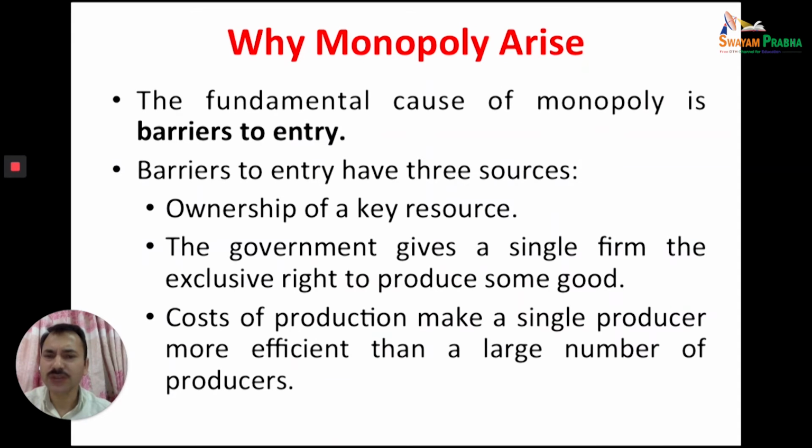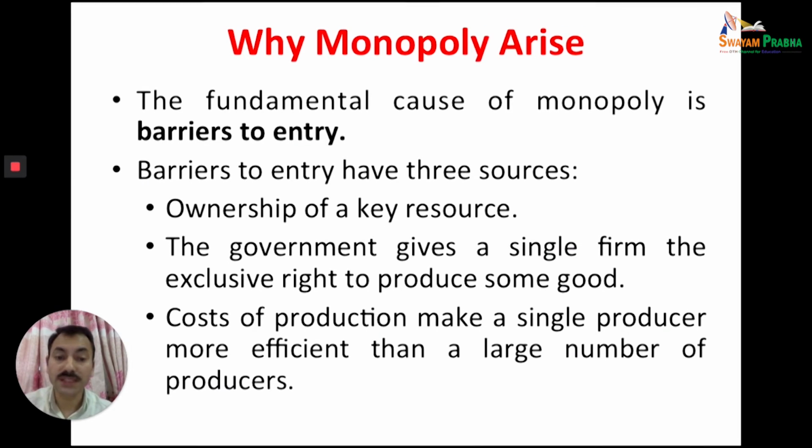Barrier to entry has three sources. Ownership of key resources: you are the only producer. The government gives a single firm the exclusive right to produce some commodities. If the government provides a license to a particular producer, then there can be the emergence of monopoly in the market.